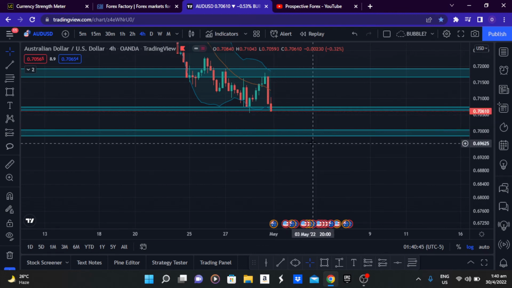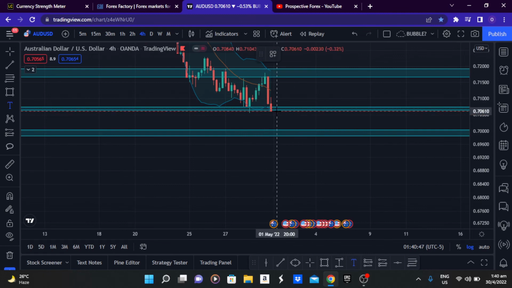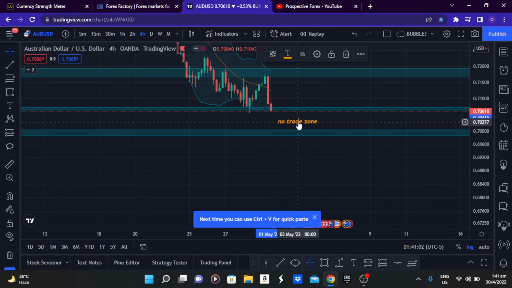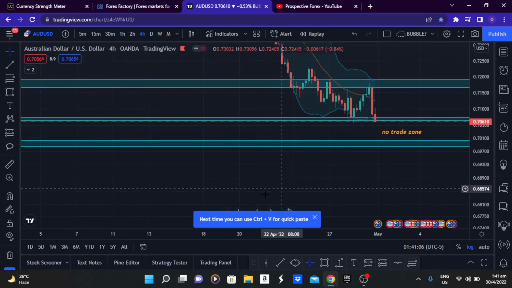And here would be, let me just get the ticks here, a no trade zone. Based on what I'm seeing here, I don't think I'll be taking any trades between this section.